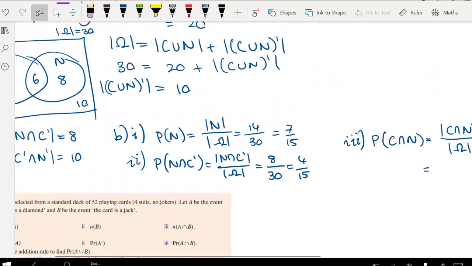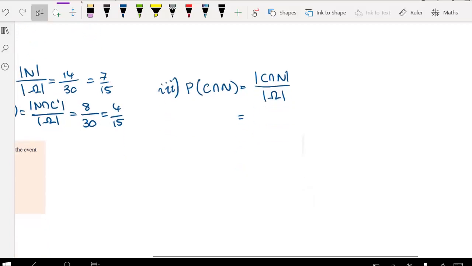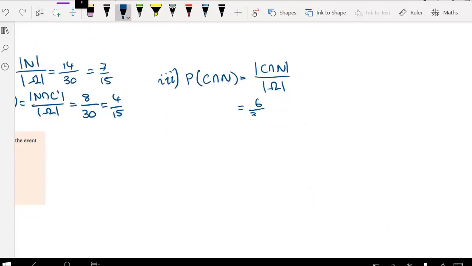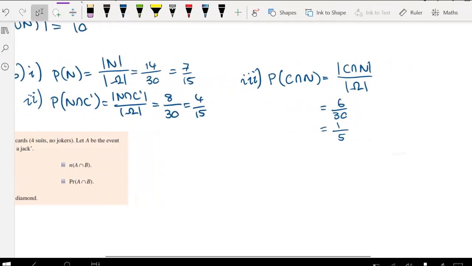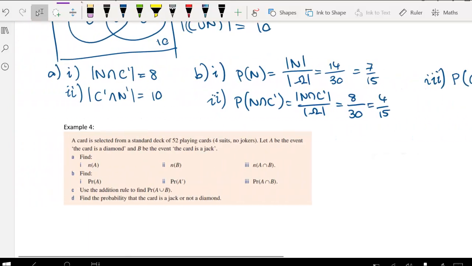So both was 6, and we've got 6 over 30, which simplifies down, each of them are divisible by 6. So that's 1 over 5. So 7 out of 15, 4 out of 15, and 1 over 5 as our probabilities.